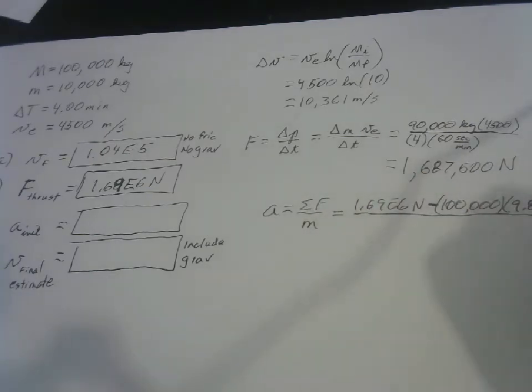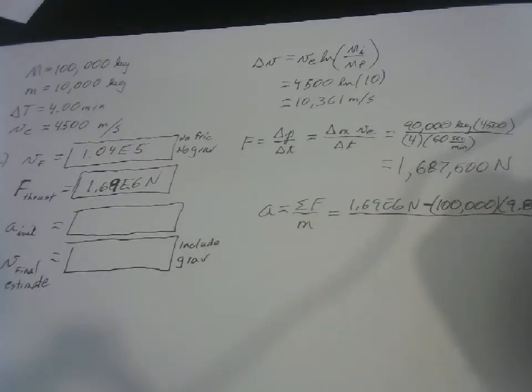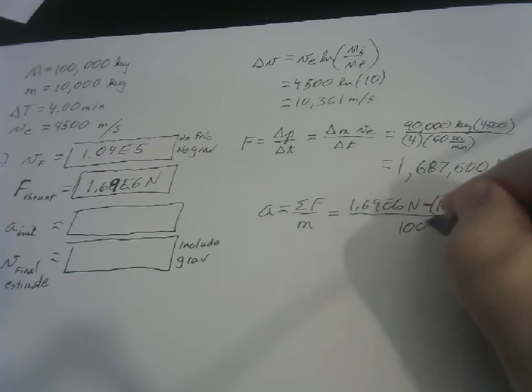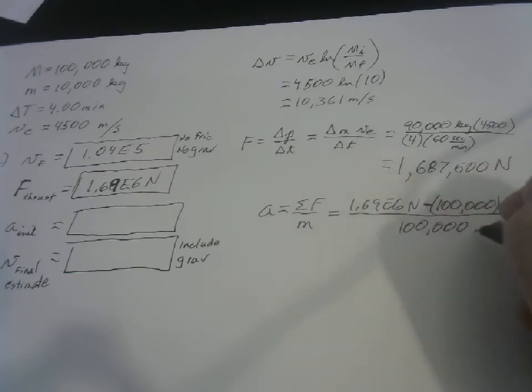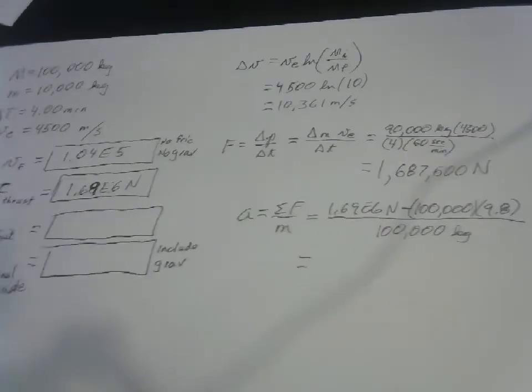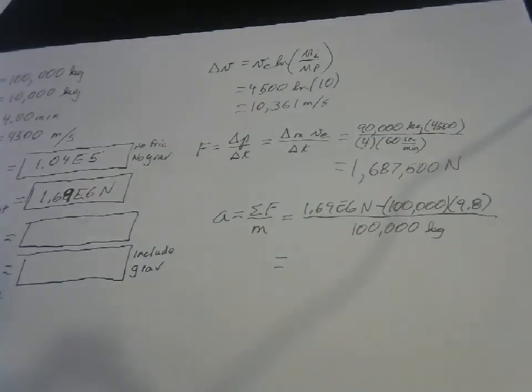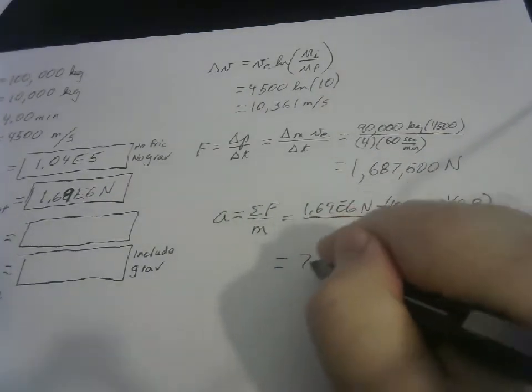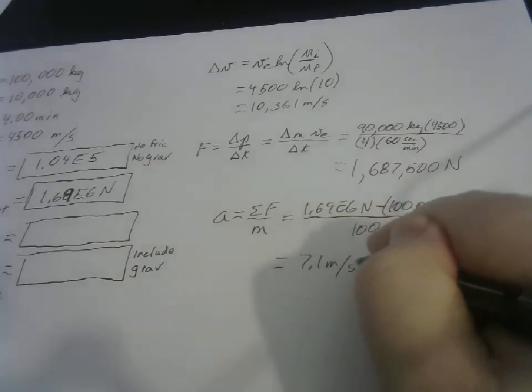That's the weight. And then on the bottom, we will have 100,000 kilograms. So working that out comes out to a mere 7.1 meters per second squared.